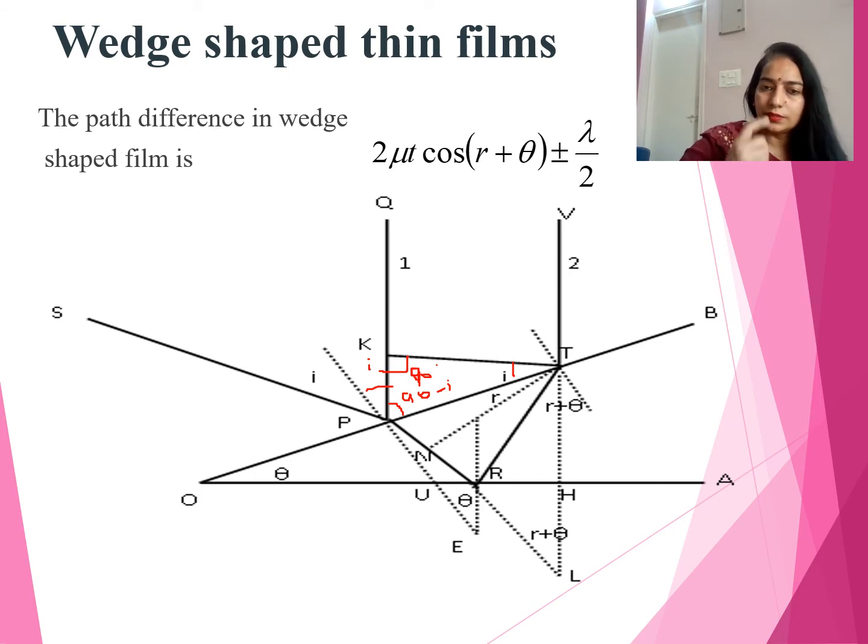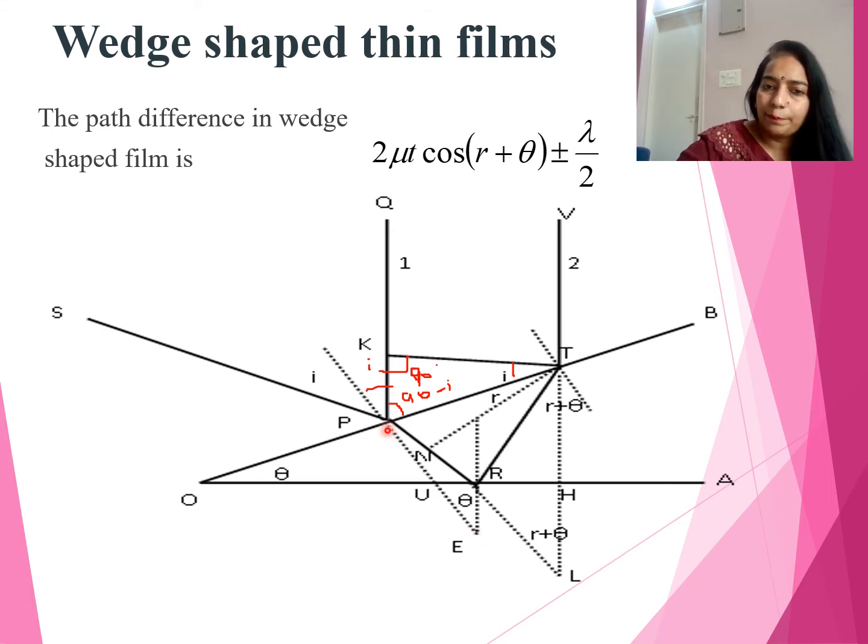Now see the lower diagram of this figure. We extend more points. This is the normal at the upper surface of the film, and we extend this normal towards E. This is the normal at the lower surface at point R, and we extend this normal to E. At point E, these normals meet.